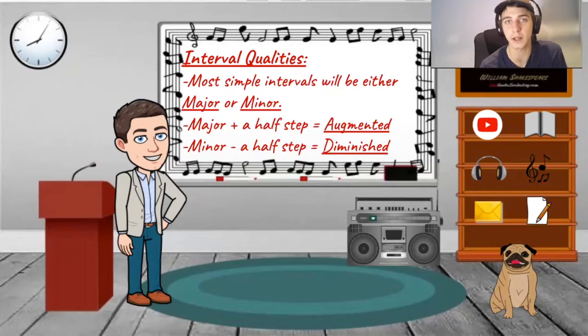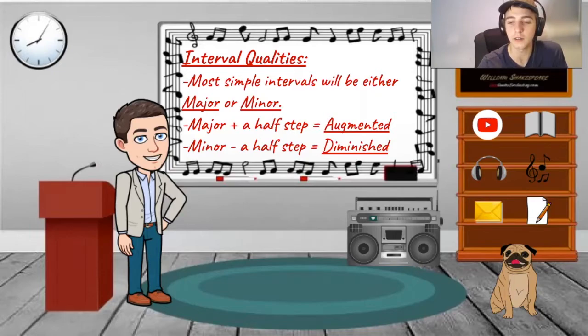So we could check it that way. If we wanted to make it a minor third, what we have to do is flat that E to an E flat. So C to E flat is only 2.5 steps. So that would make it a minor interval instead of a major interval. And we can check that again. We know that E flat is the third note of the C natural minor scale.